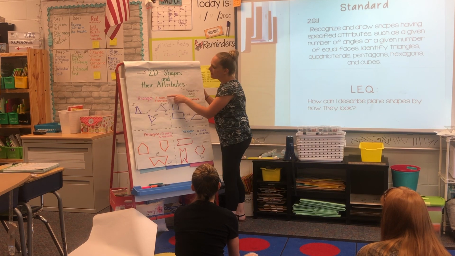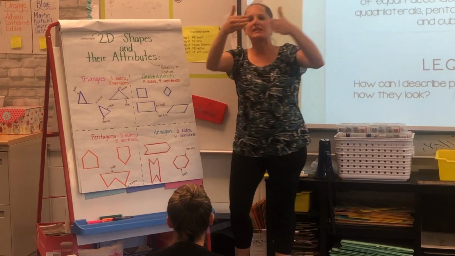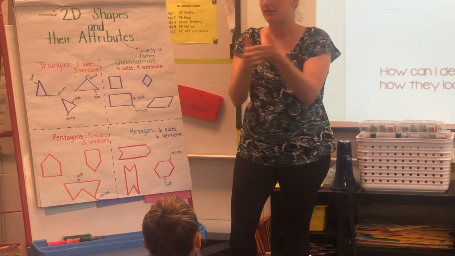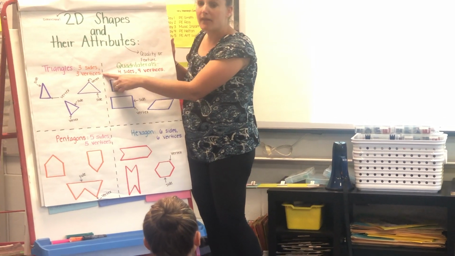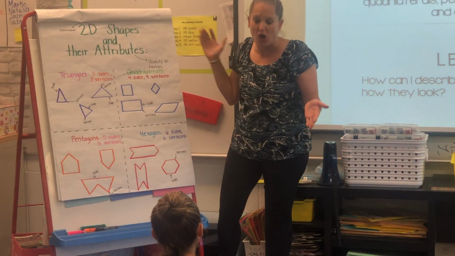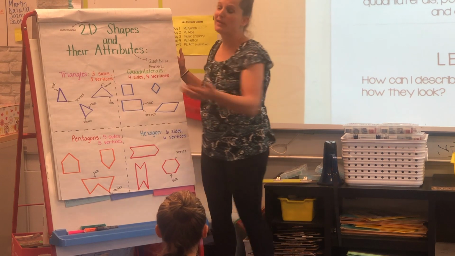A triangle has 3 sides, 3 vertices. A vertex is where something connects, where its point is, okay? 1, 2, 3. 3 vertices, or edge. You'll hear some people call it an edge, okay? 3 sides. We all know what a side is.